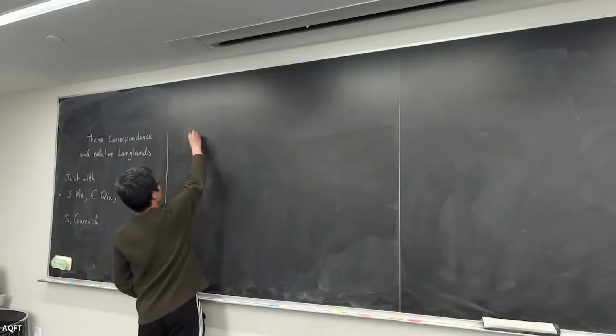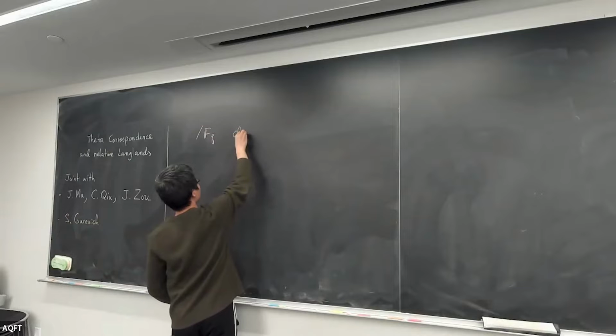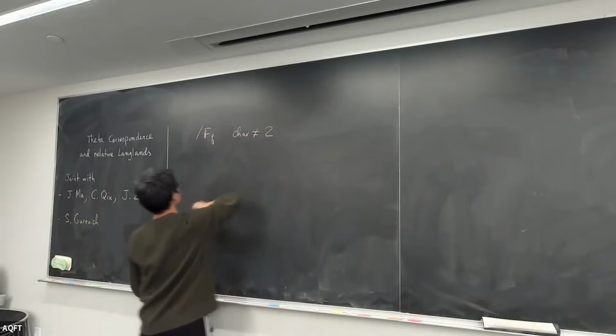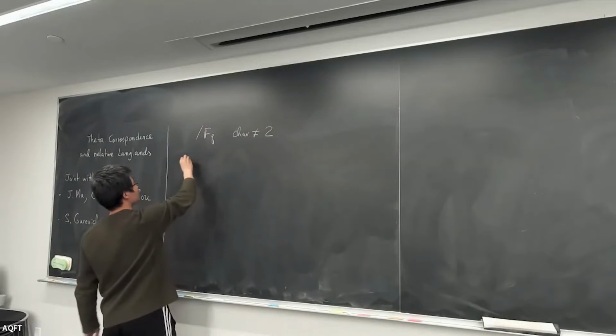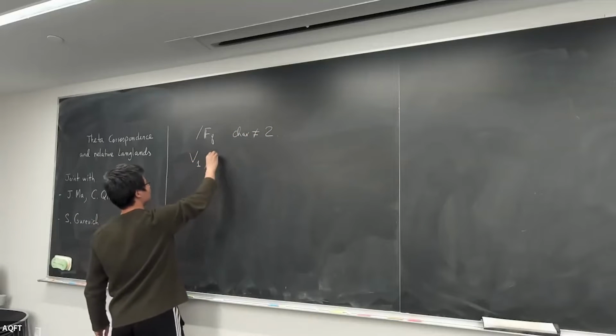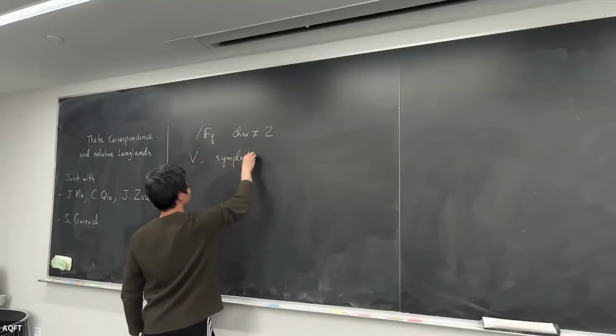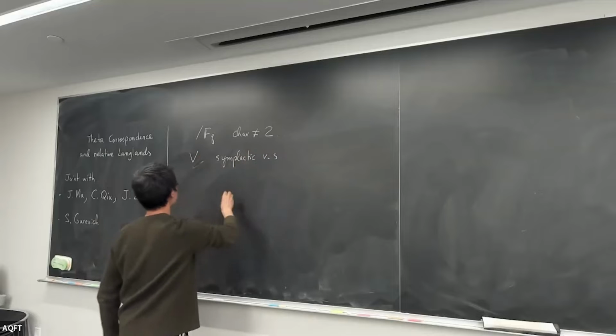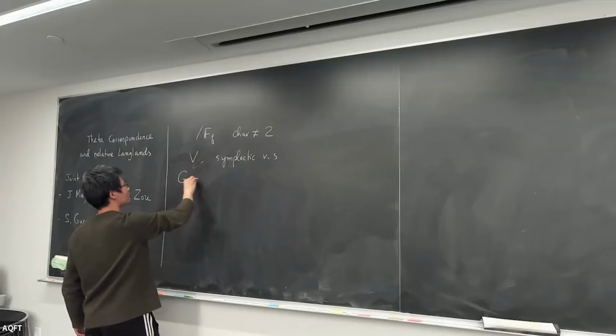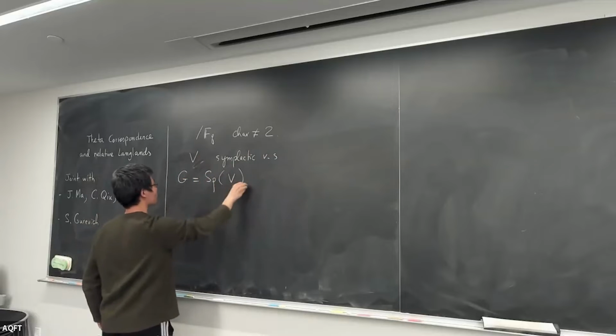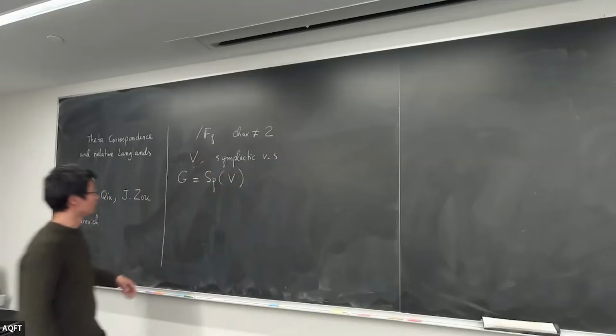All right, so we will work over a finite field of characteristic not two, and start with a finite dimensional symplectic vector space over FQ. We have G, the symplectic group.